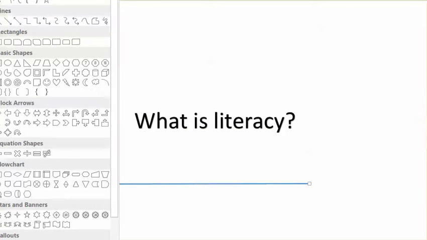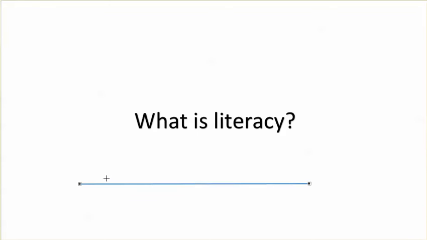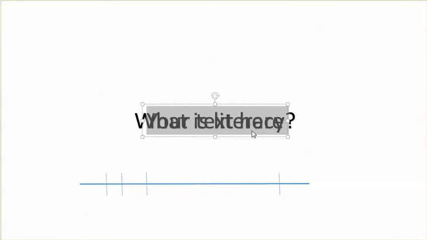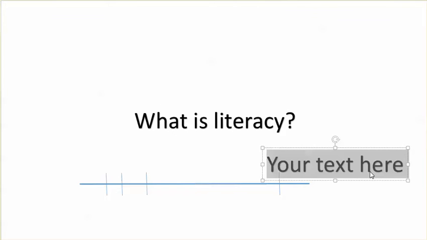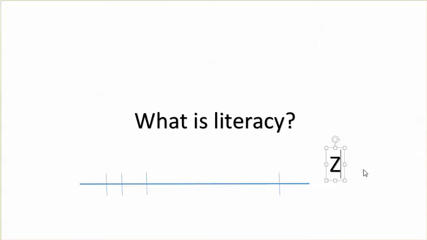It will have different markers, so it will have a lower end and a higher end of literacy, and people will be placed along it. Say this level would be Z, which is people at the high level of literacy capacities.